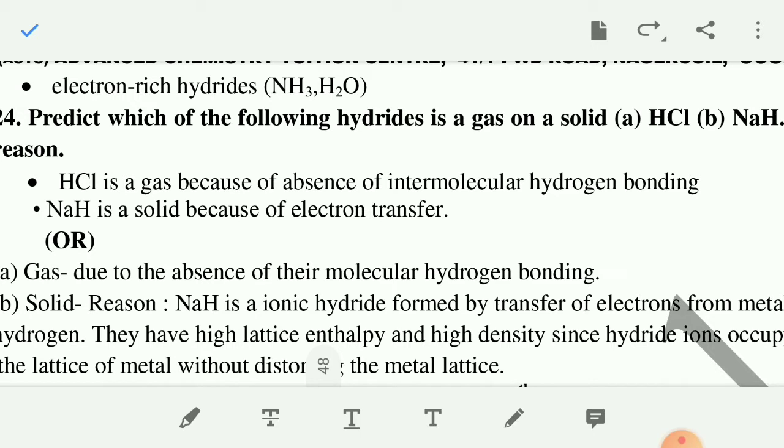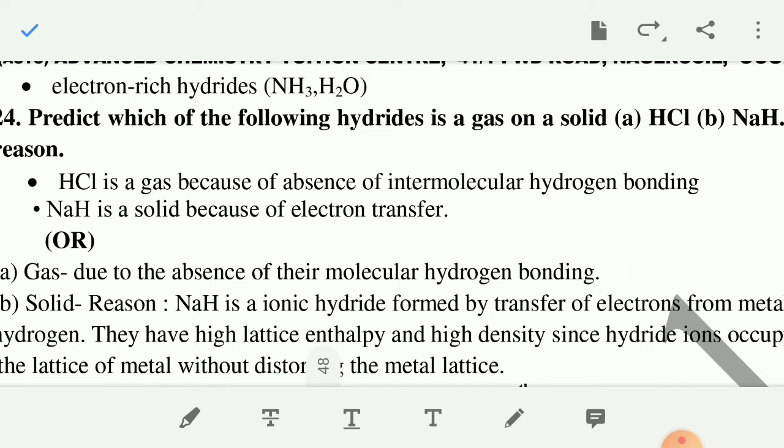Then next question: predict which of the following hydrides is a gas or solid: HCl, NaH. Reason: HCl is a gas, NaH is a solid. HCl is a gas because of the absence of intermolecular hydrogen bonding, whereas NaH is a solid because of transfer of electrons.